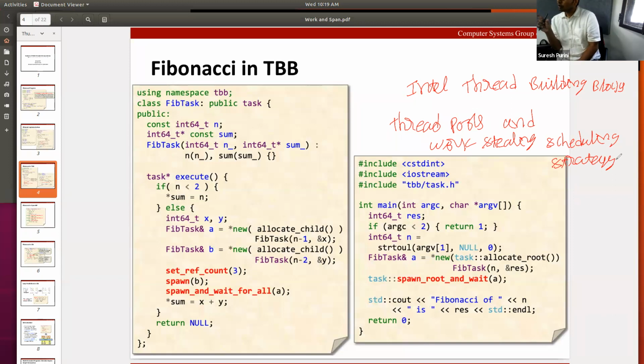That way, the overhead in creating threads will be reduced. Number one. Number two, you don't end up oversubscribing the hardware. You see what hardware is available and how many threads make sense, so you can choose the thread pool size based on the available underlying hardware resources. Okay.